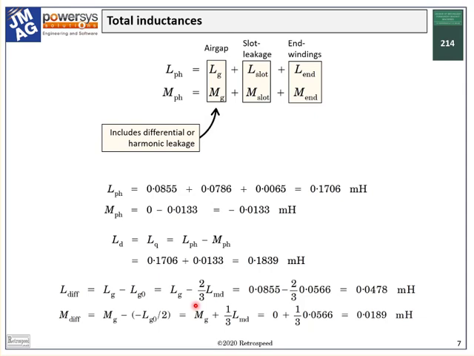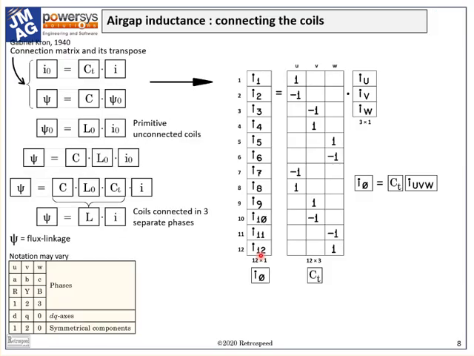And this concept of magnetizing inductance goes back before Park's transform was published in the 1920s. To calculate the air gap inductances Lg and Mg, we're going to use the connection matrix method of Gabriel Kron, which was published in 1940.